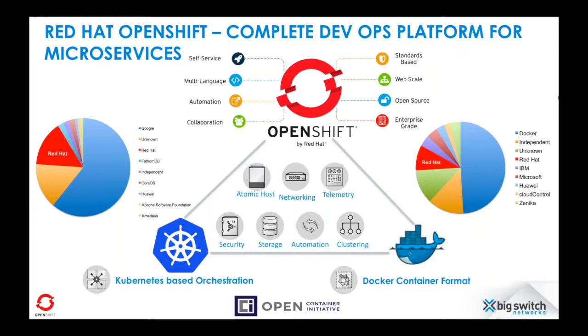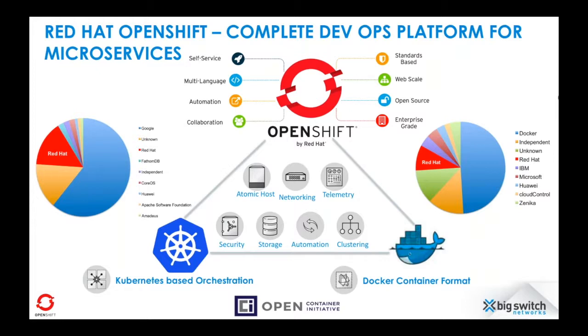It's standards-based. It's fully open source. It's 100% open source. It's an enterprise-grade platform. And the two key components of the OpenShift platform are a Kubernetes-based orchestration model and the Docker container format. And we continue to work with Docker in the Open Container Initiative to adopt the Open Container Initiative guidelines.